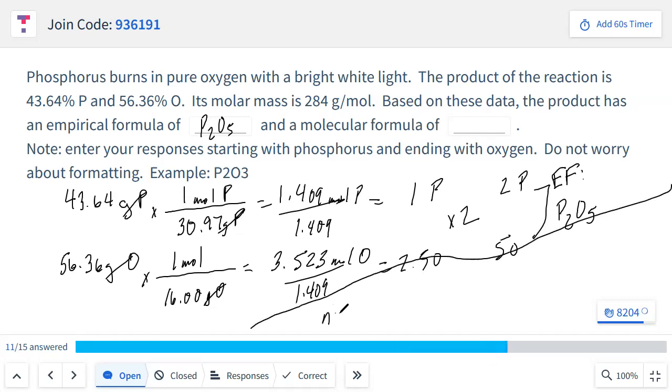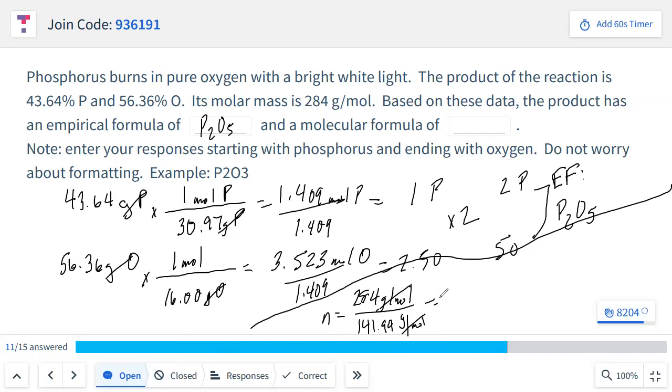And so the multiplier here is going to be equal to 284 grams per mole, divided by whatever the mass of P2O5 is. 2 times 30.97 for phosphorus, plus 5 times 16 for oxygen gives 141.94 grams per mole.